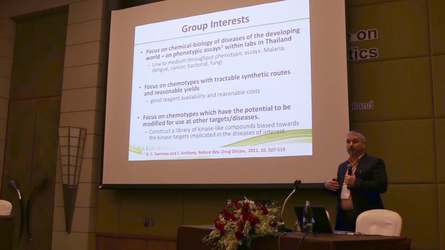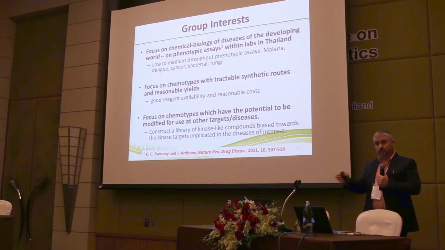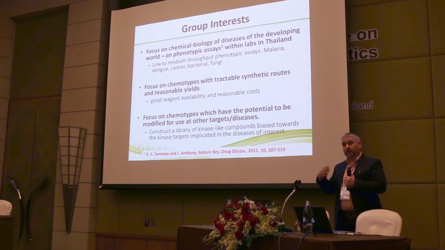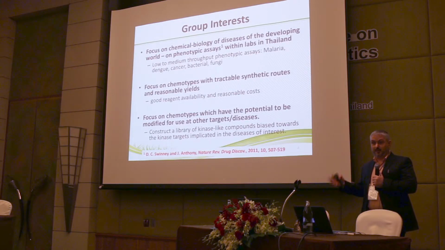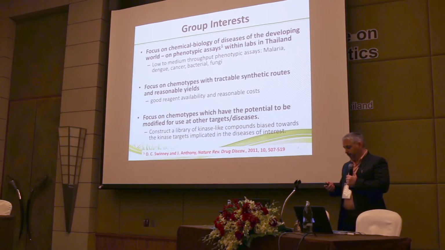So when they've developed the understanding of the route, we want to synthesize a number of different compounds to cover potentially a number of different targets, so that we can build a biased sort of library that we can use in the future. So it's not simply about targeting the disease, it's also about generating a focused library on targets that we know are implicated in diseases that we can get screened within Thailand.